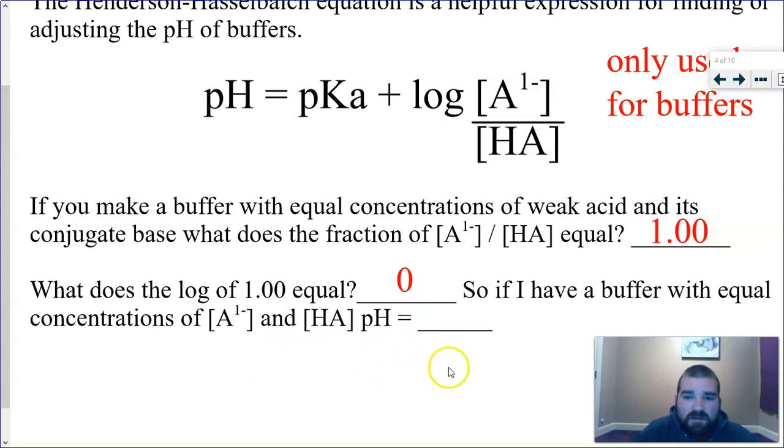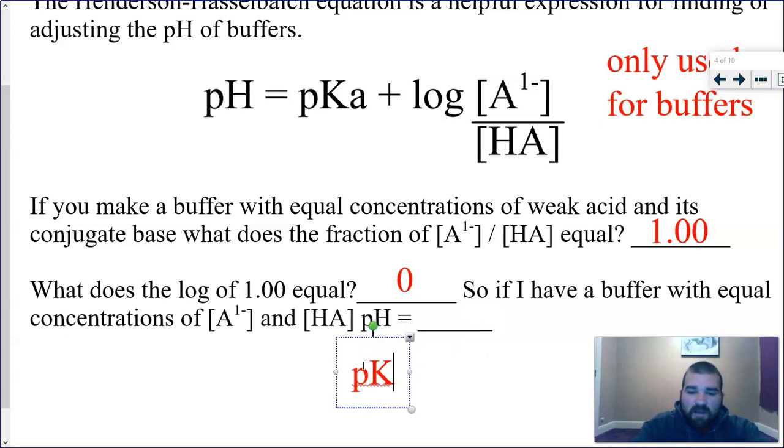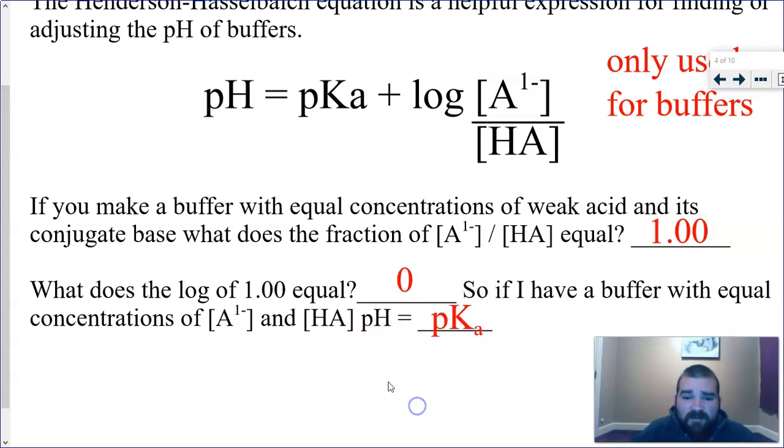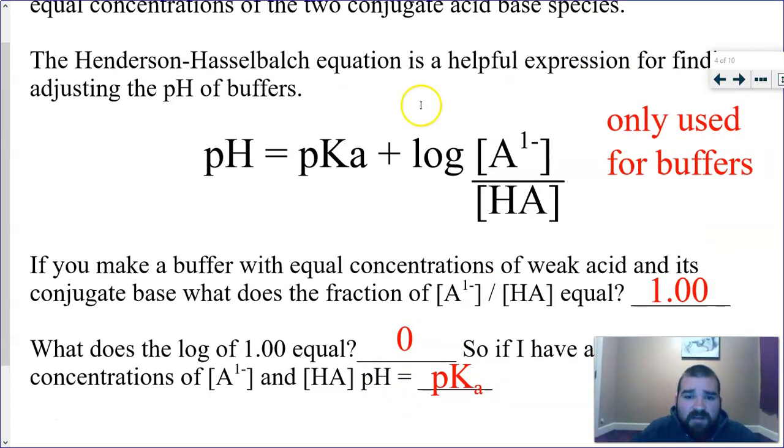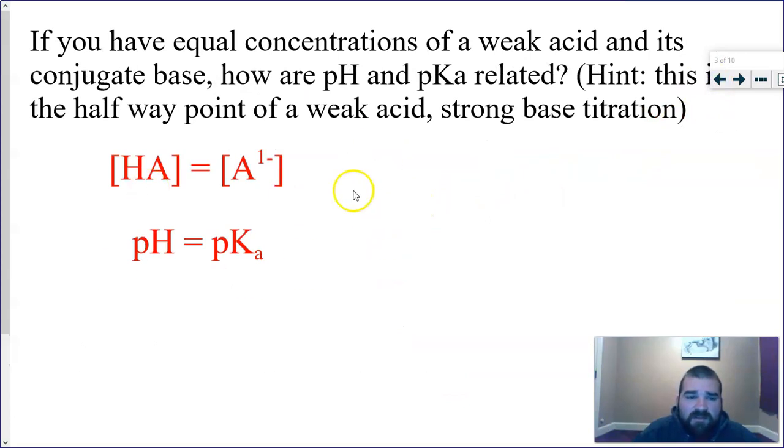So in other words, if you create a buffer with equal molarities of conjugate base and weak acid, or weak base and conjugate acid, either way, the pH of your buffer is going to equal the pKa, whatever that might be. And this equation gives us that exact same relationship that we just had on the previous slide. The previous slide was saying, if these two things are equal, what's true about this?